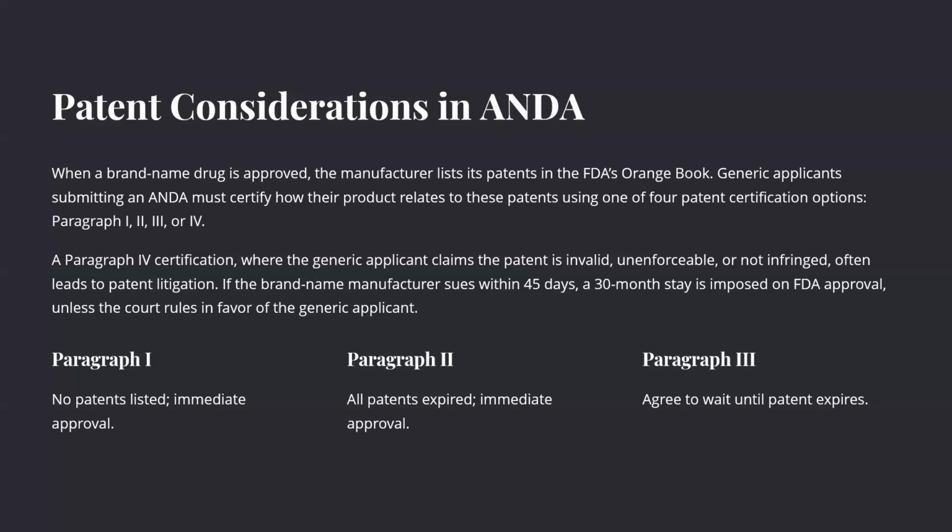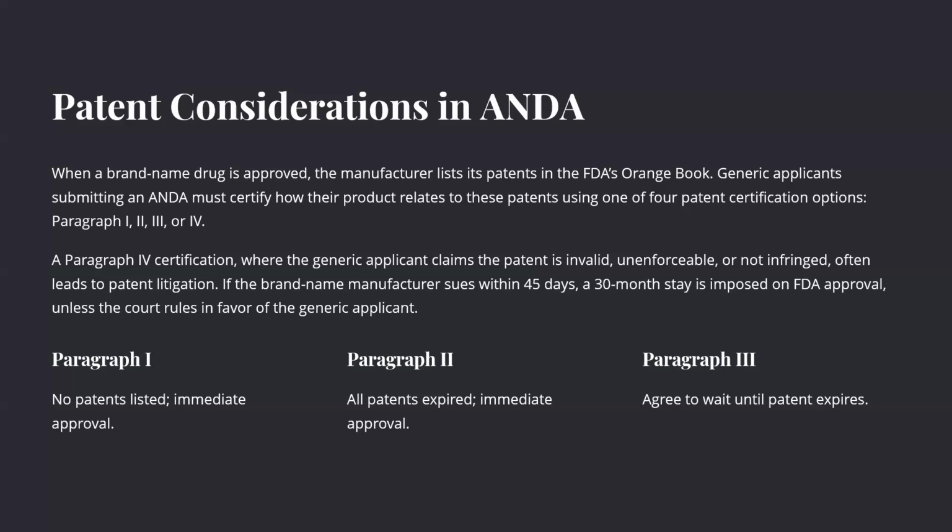Then even the manufacturing process involved in the production of that API and the dosage form also gets a patent, so that no other manufacturing unit can duplicate that process and manufacture their own drug.